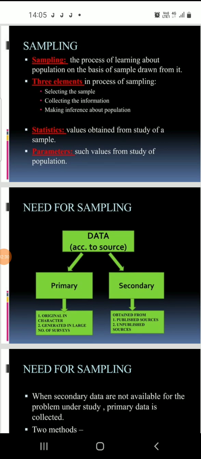So, why is there a need for sampling? Because we have to collect the data, and data are of two types: primary data and secondary data. Primary data is original in character, and it is generated in a large number of surveys, whereas secondary data is obtained from published sources and unpublished sources also.